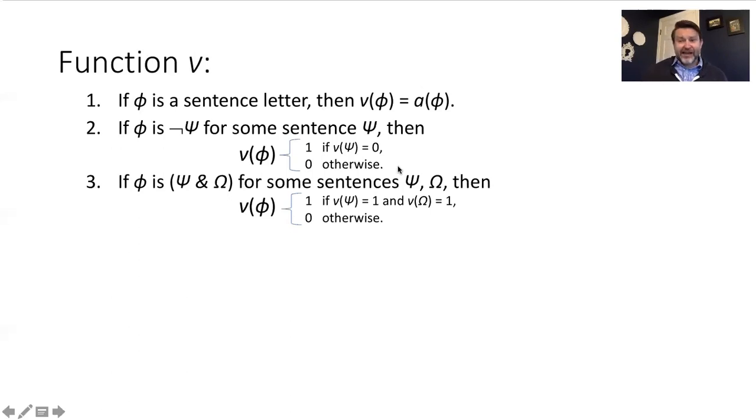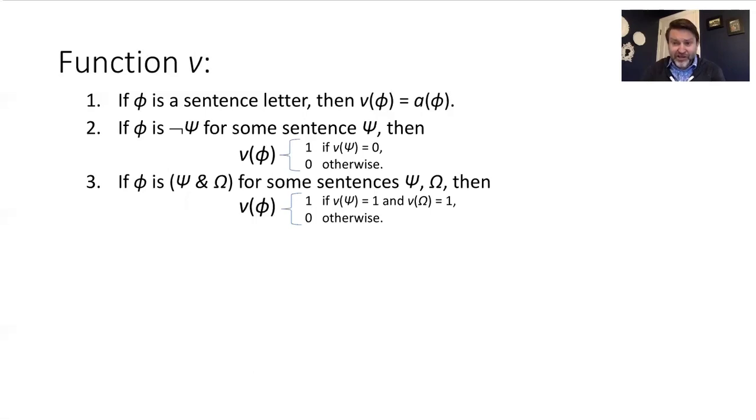Now, what if phi stands for the complex sentence psi and omega? For some sentences psi and omega, whatever those sentences are, then the value of phi will be 1 if the value of psi is 1 and the value of omega is 1, and otherwise it will be 0, right?